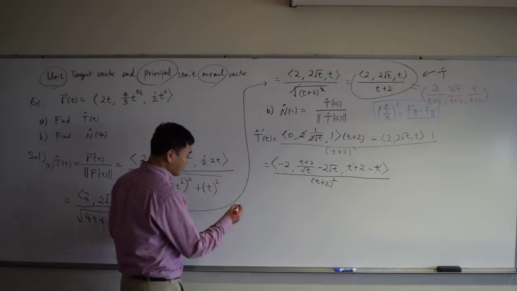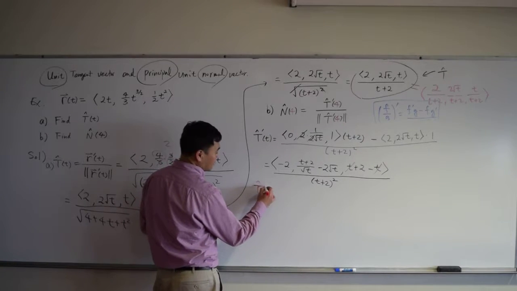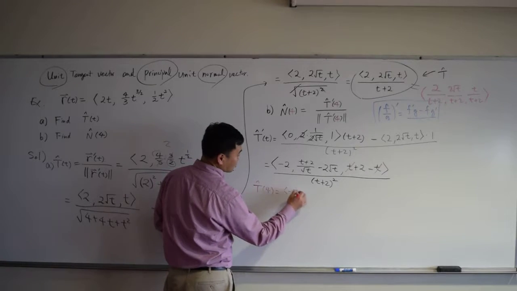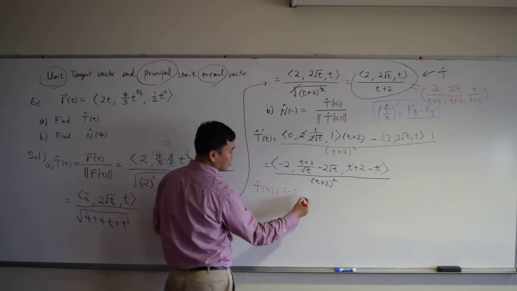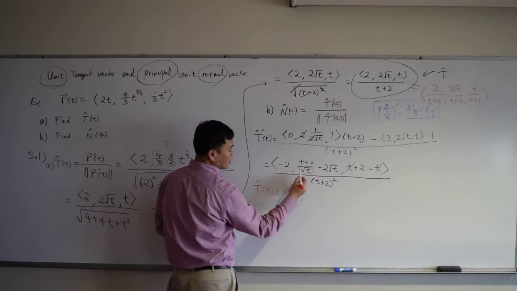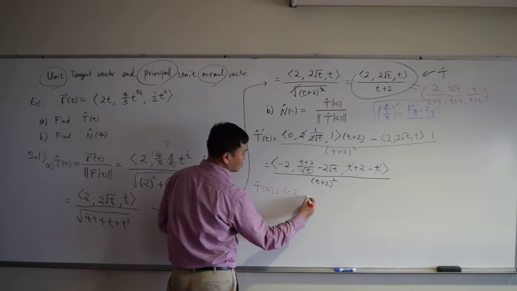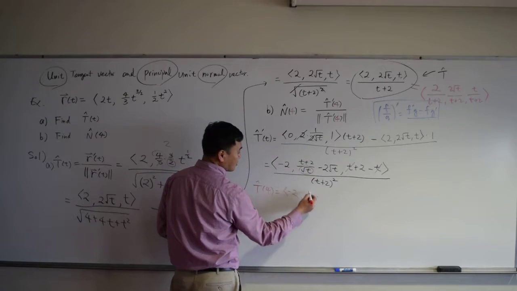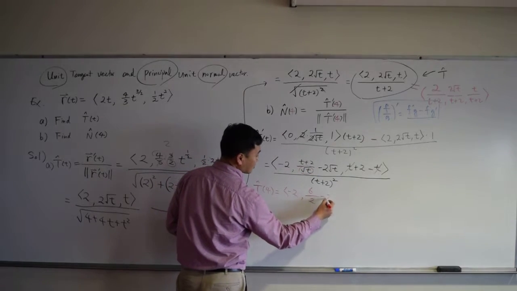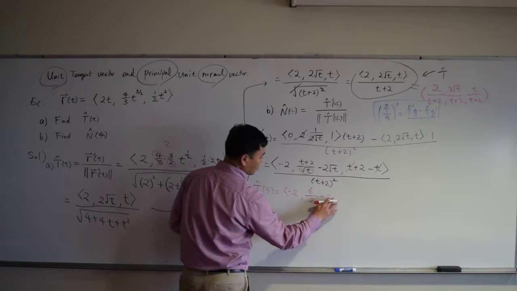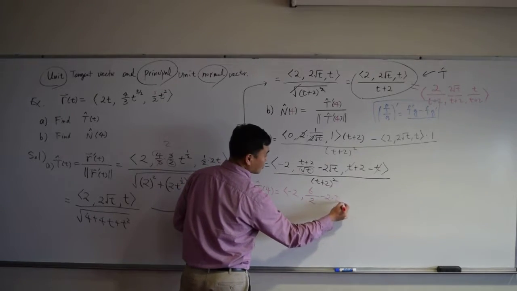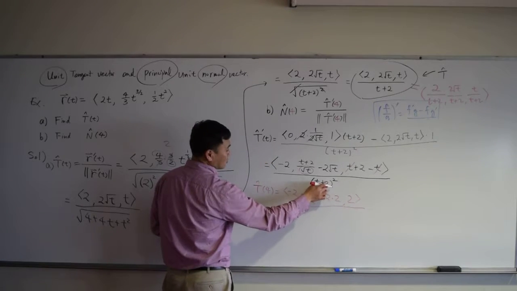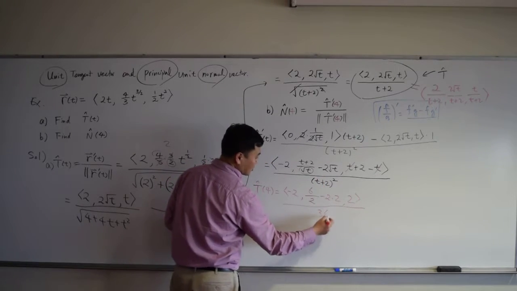So let's do that. T prime of 4 is, let's see, negative 2. Square root of 4 is 2. And then 4 plus 2, that's 6. 6 squared is 36.